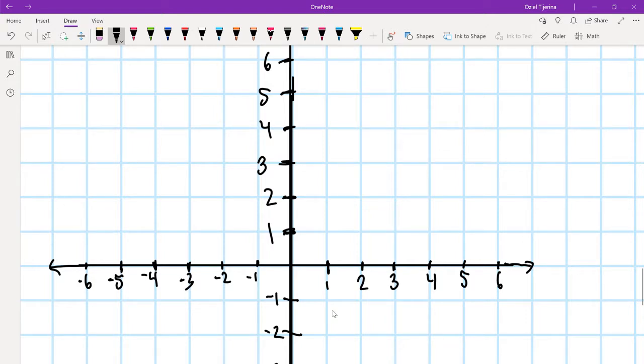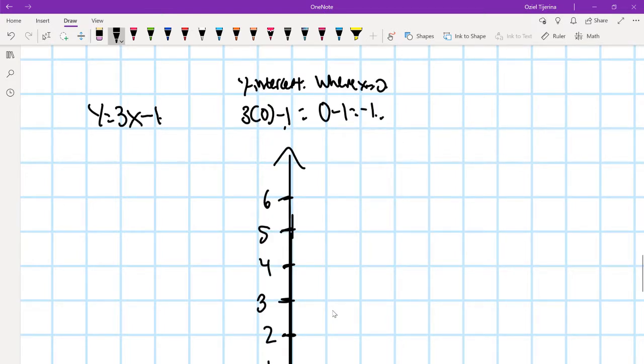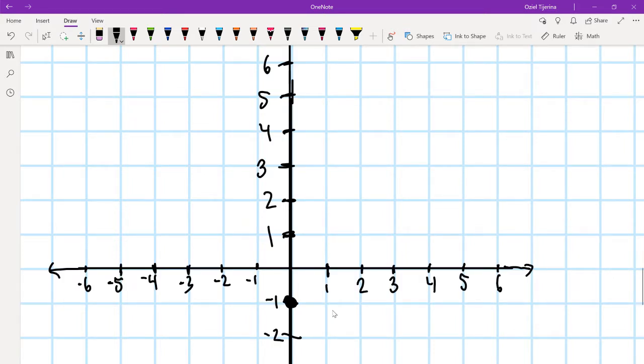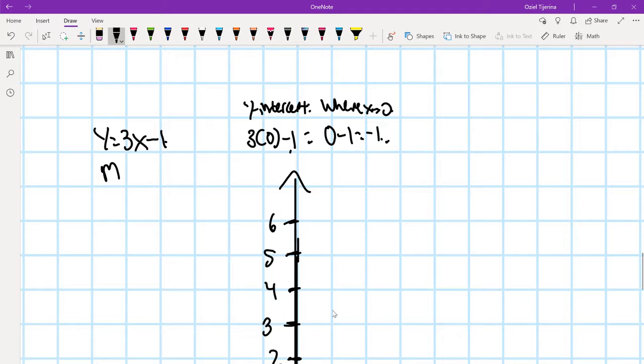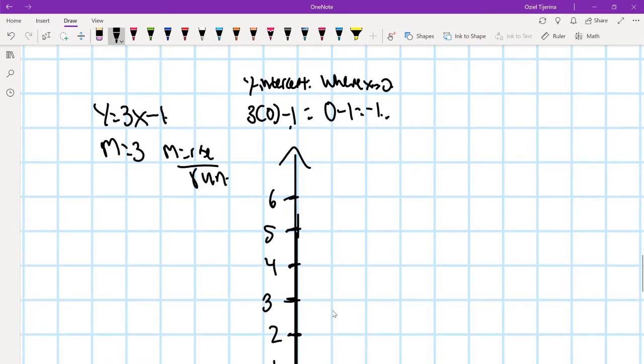And then what you would do for your slope, remember that m equals 3 and m equals rise over run. So you would go up 3, so m would be 3 over 1. So you would rise 3 and run 1.